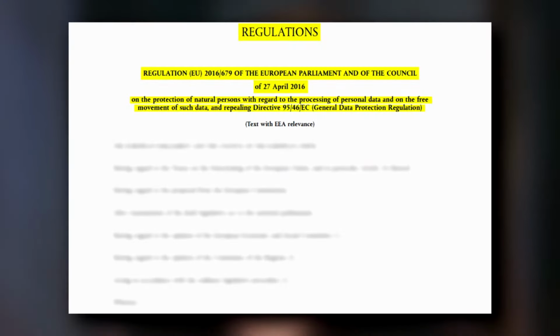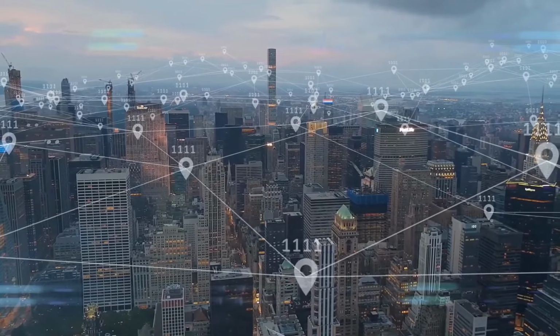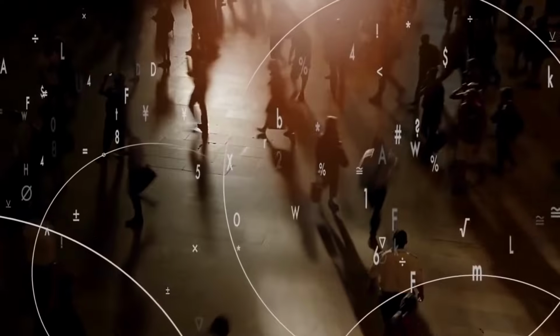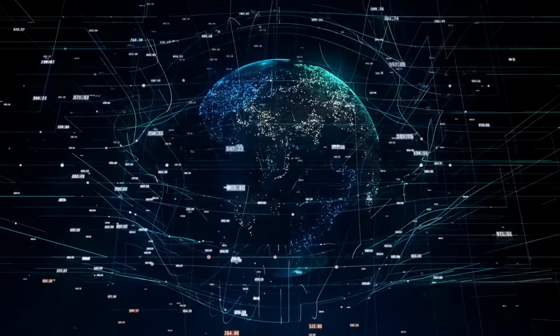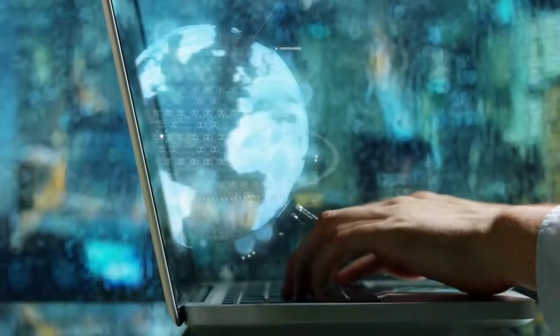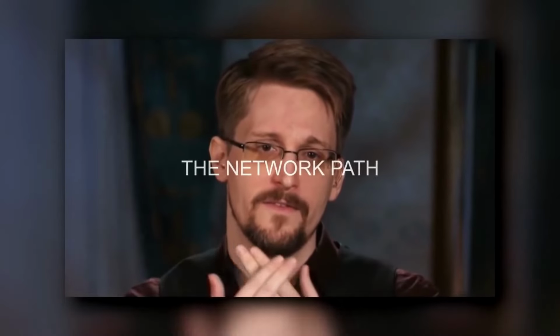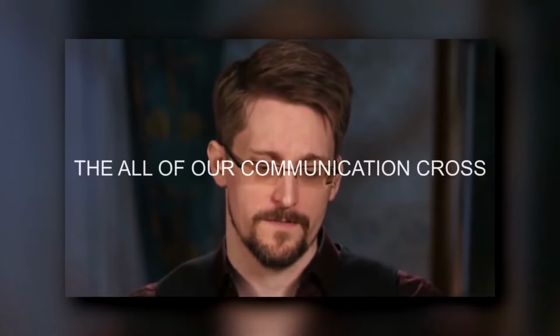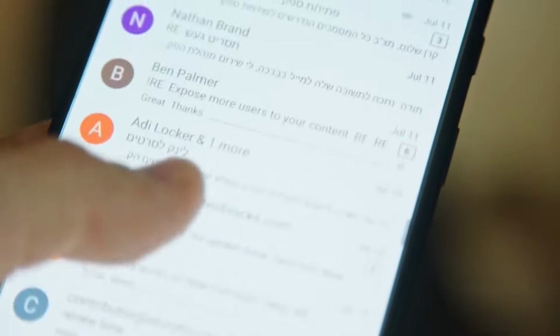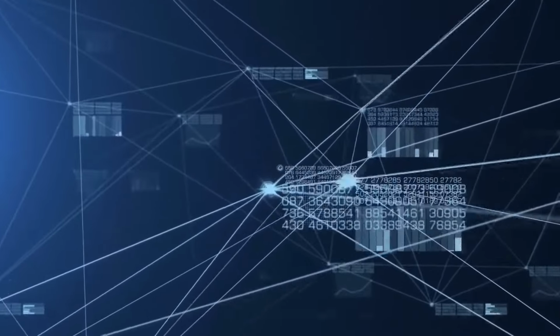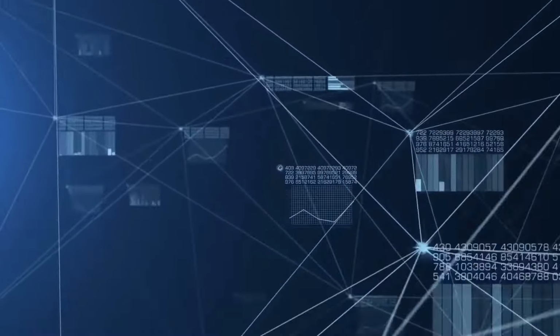We have now had the first European regulations that are trying to limit the amount of data that can be collected secretly and used against populations broadly. And we have also seen the basic structure of the internet itself change in response to this understanding that the network path that all of our communications cross, when you request a website, when you send a text message, when you read an email, for so long those communications have been electronically naked or unencrypted.